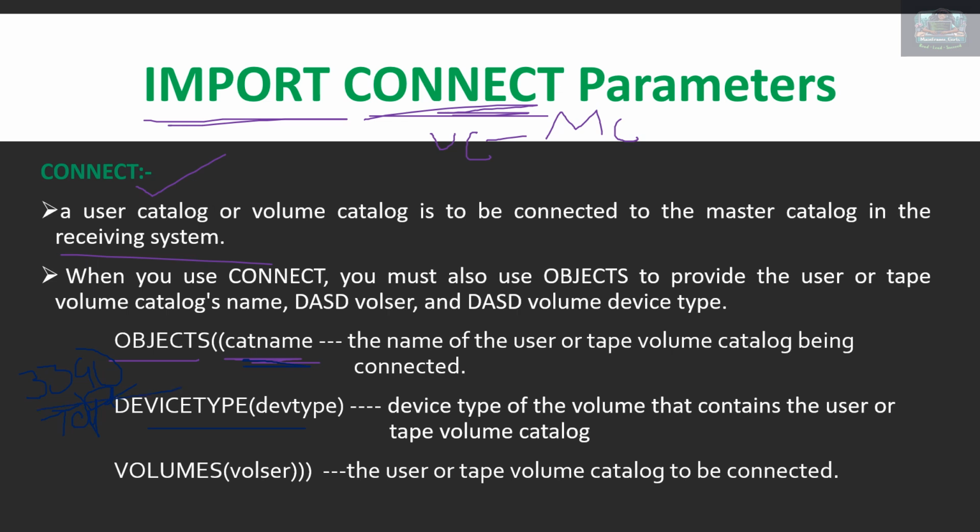When you give 3390, it means all the DASD, all the disk volumes, will be in 3390. If you give tape as a device type, it means all the tape files will be there.